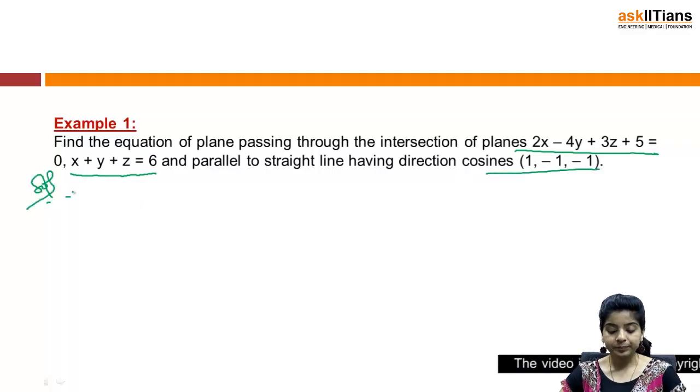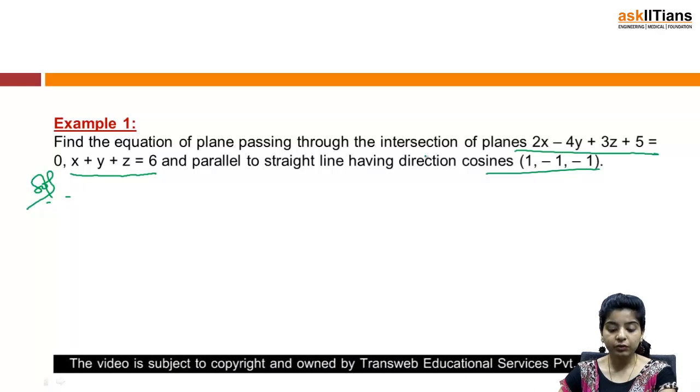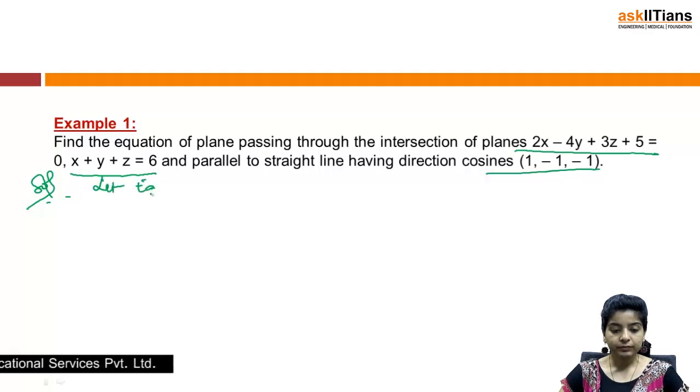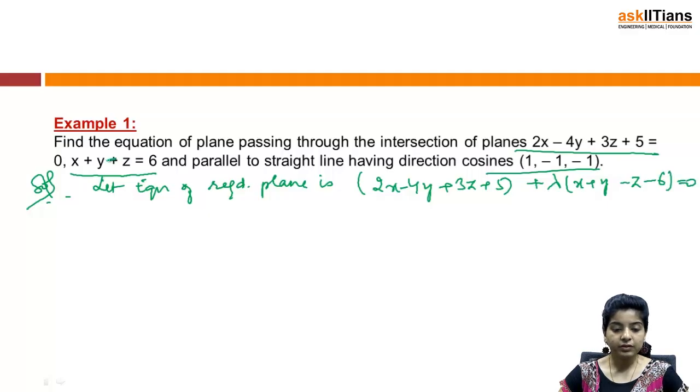So here, first of all, the equation of the required plane is 2x minus 4y plus 3z plus 5 plus lambda times (x plus y minus z minus 6).